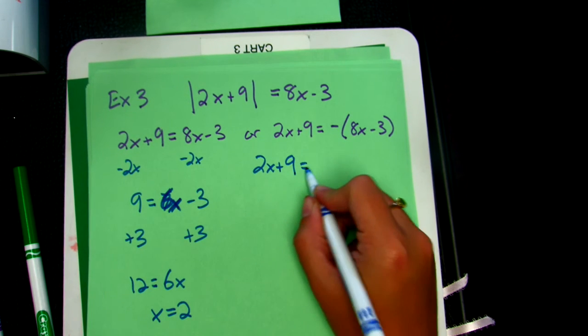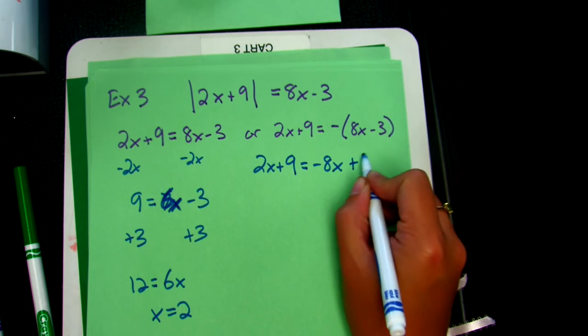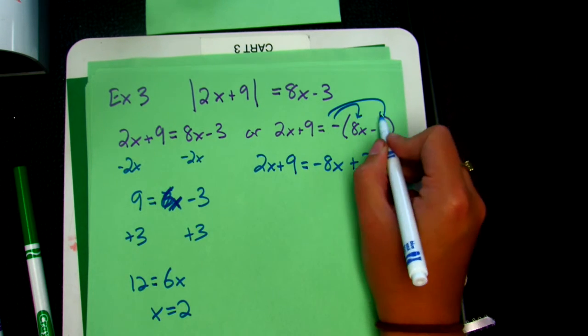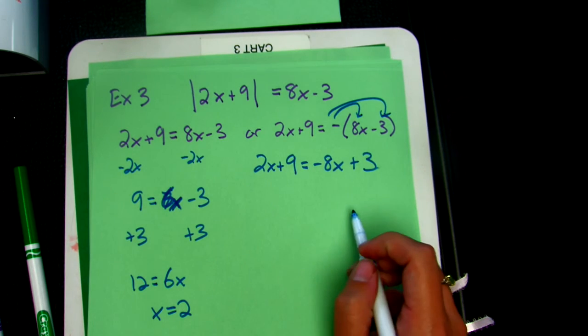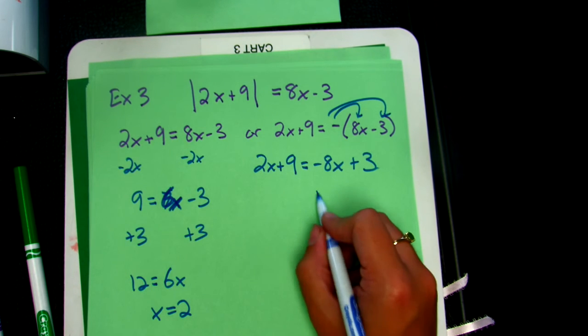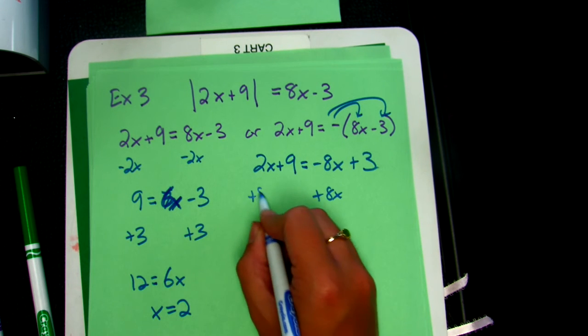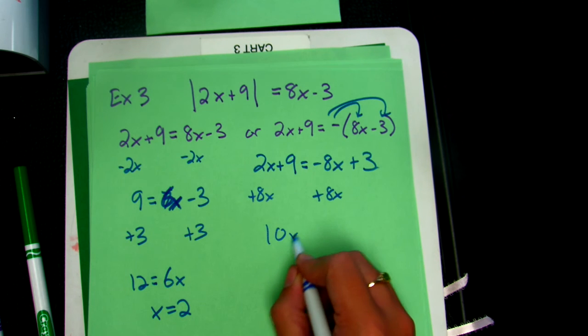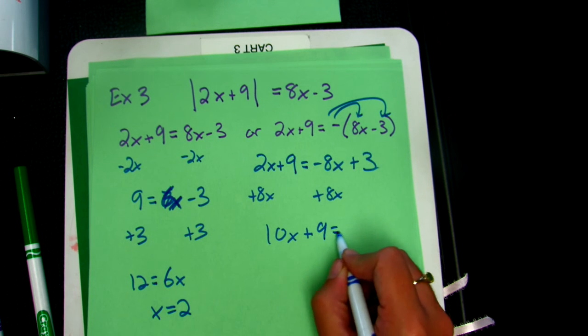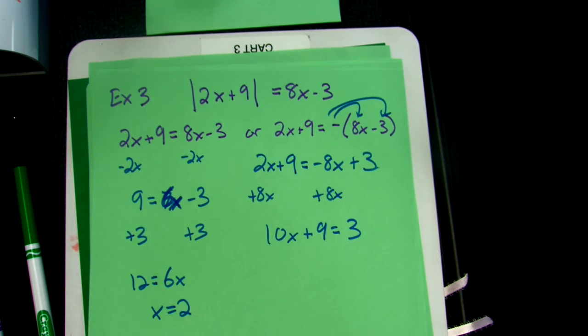On the other side, I have to distribute the negative first. So after that, I can start solving. So I'm going to add x to both sides.